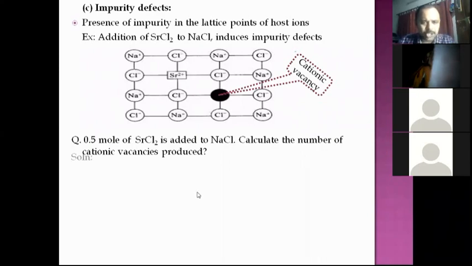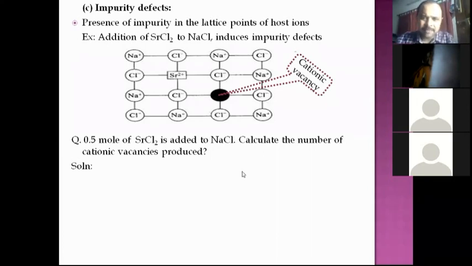There is one question on this concept that has been asked in competitive exams. I'll read it out. Pay attention. 0.5 mole of strontium chloride is added to sodium chloride. Calculate the number of cationic vacancies immediately. Anybody?